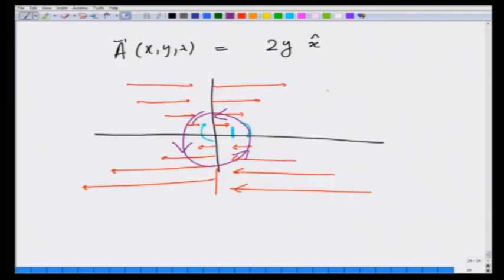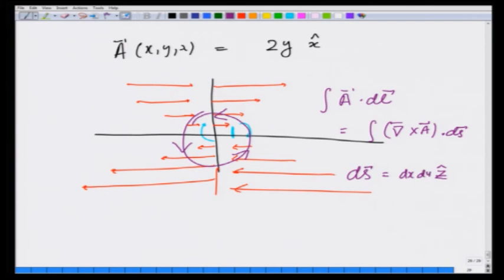All right. And if I do this integral over a unit circle, this should equal the curl of A dot dS. For this unit circle, since this is in the xy plane, dS is going to be in the z direction, and then I am going to have dx dy.